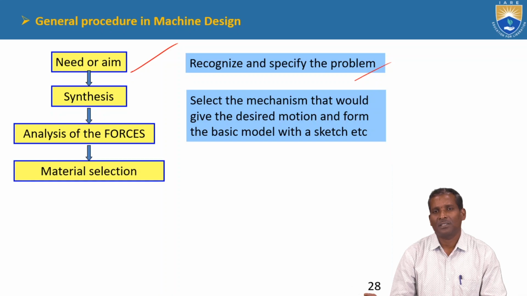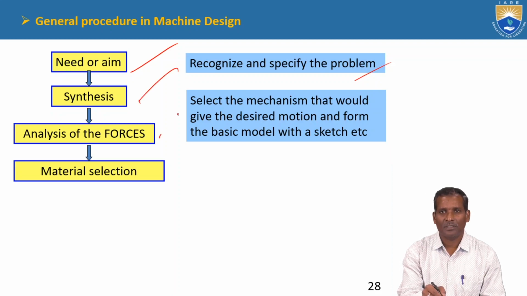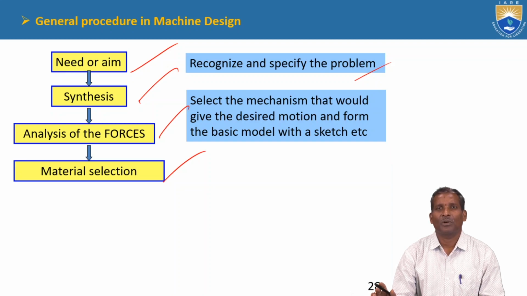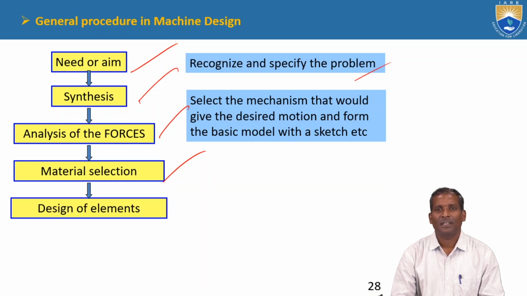After analysis of the forces, now identify the material. Synthesis is over with analysis of the forces and material selection. Already we have discussed this in the starting slides. The selection of material is very, very important. Select the proper material for your problem and for your design, and for the design of elements, the individual components.